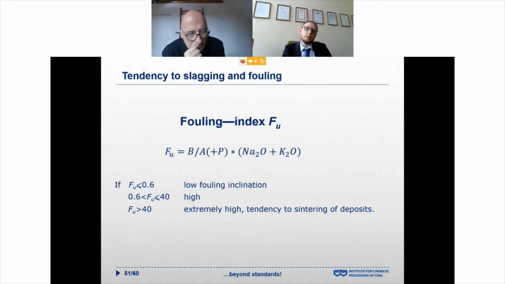One is the fouling index. In such an index, if you have a value lower than 0.6, you have a low fouling inclination. If you are in the region of 0.6 to 40, you have a high fouling inclination, and you have an extremely high tendency to sintering of the deposit if the index is higher than 40.